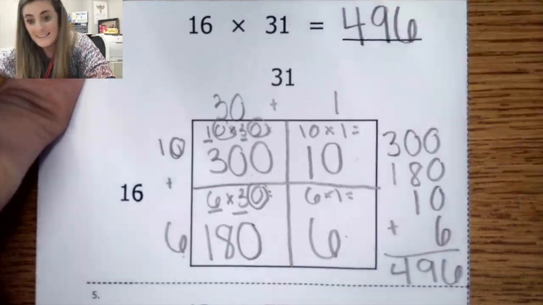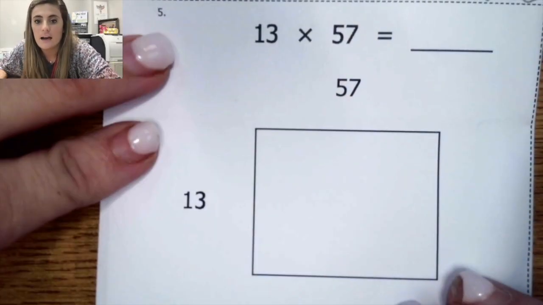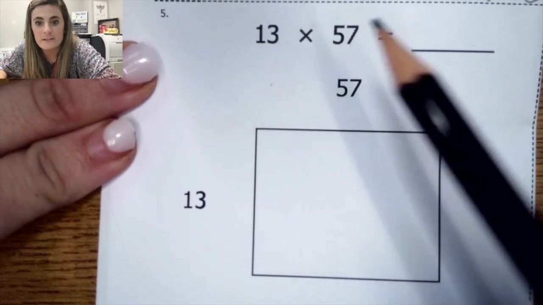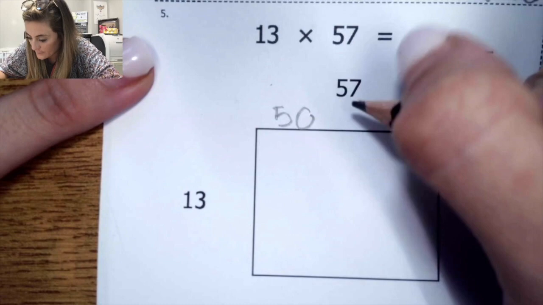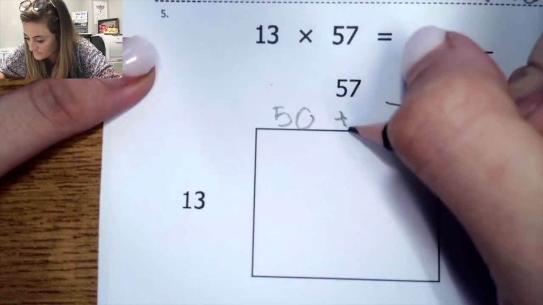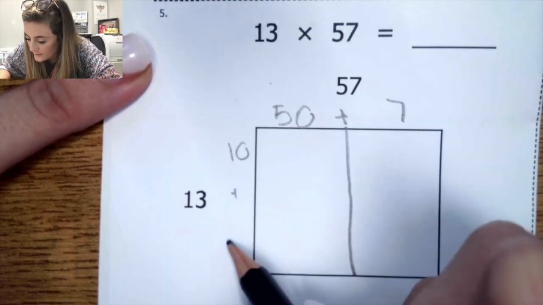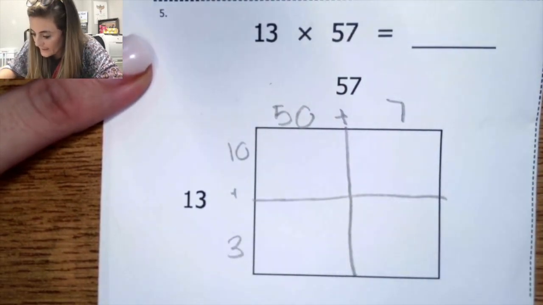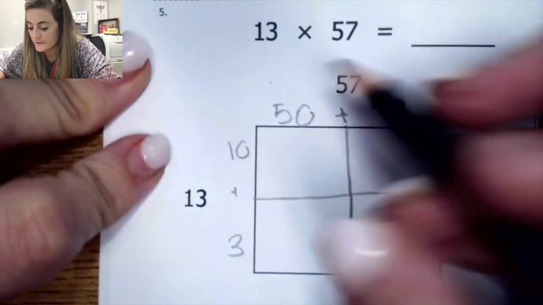Here we have 13 times 57. I'm going to break apart this 13 and 57 into expanded form first. So I have 50 plus 7, draw that line, and then 10 plus 3, draw that line, and then right here is where the 10 and 50 are matched.